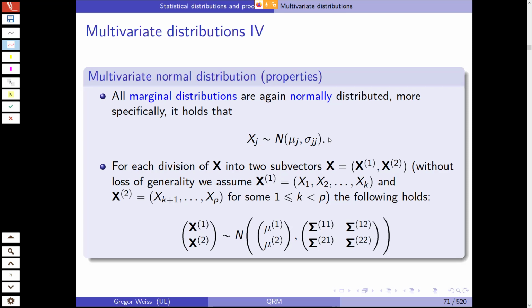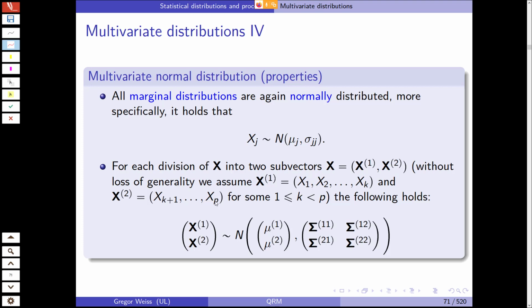Now, all marginal distributions are again normally distributed. That is, xj is distributed according to a normal distribution with mu j and sigma jj, the variance, as the two parameters. And if you take any subset of x, say for example you have x1, x2, x3 and x4, and you split it up into x1, x2 and x3, x4, without loss of generality we can assume that, for example, x1 is x1 up until xk, and x2, the vector, is xk plus 1 up until xp.